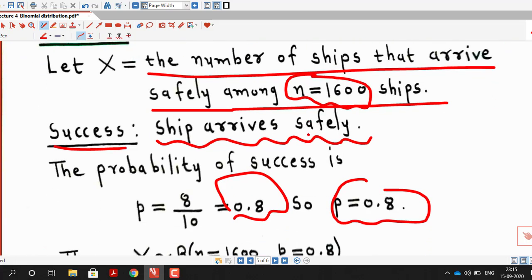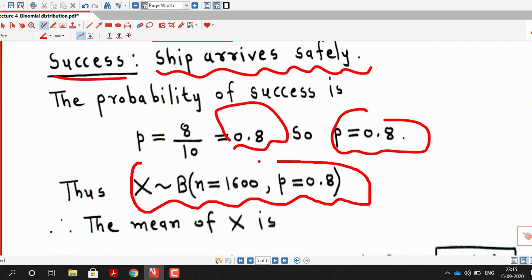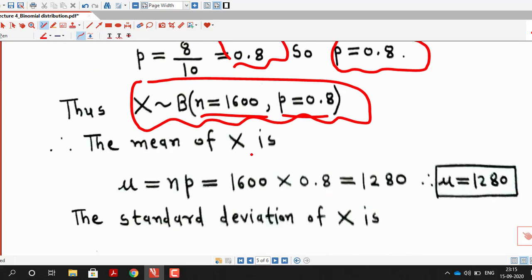So once we have n and p, we can easily find the mean and variance of X. And it is clear that X is a binomial random variable with n equal to 1600 and p equal to 0.8. So the mean of X is mu equal to n into p, that is 1600 into 0.8, that is p.